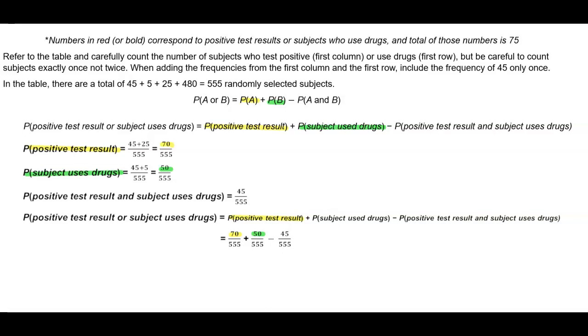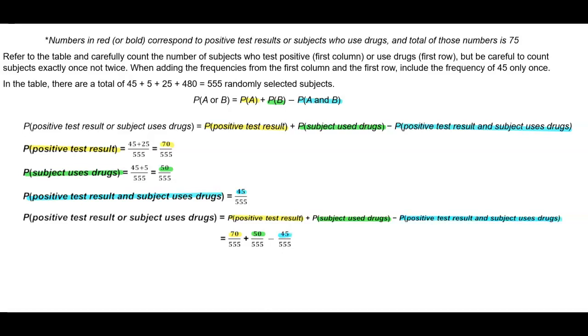And then we're going to subtract the probability of A and B. The probability of a positive test and a subject uses drugs, we found to be 45 over 555. So that is what we're subtracting.